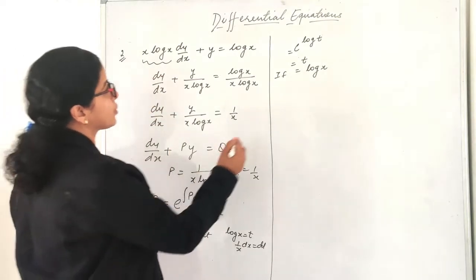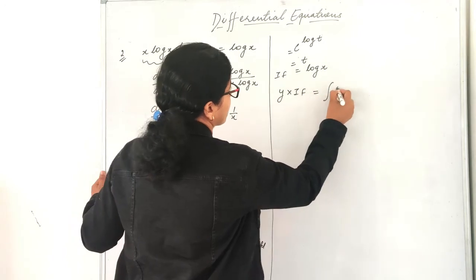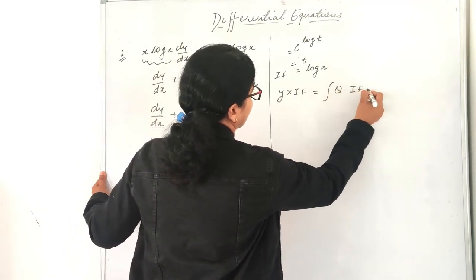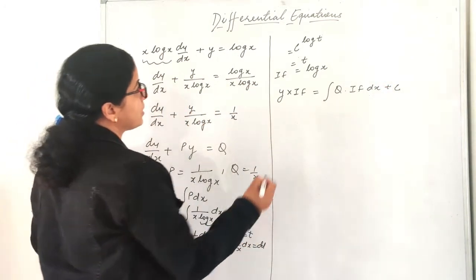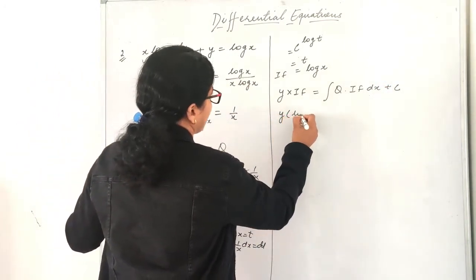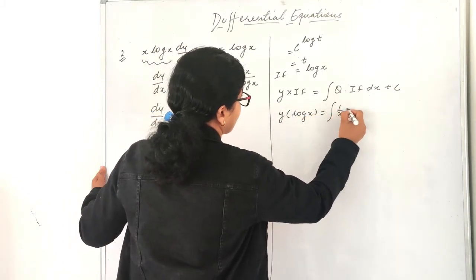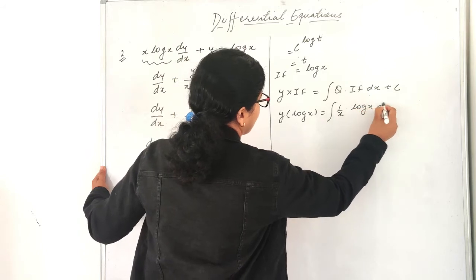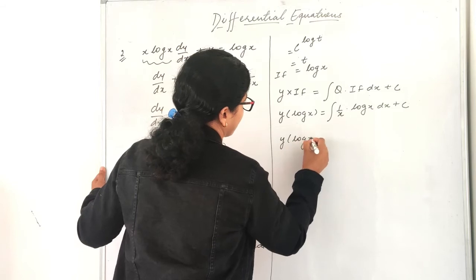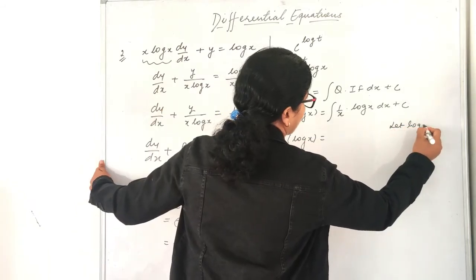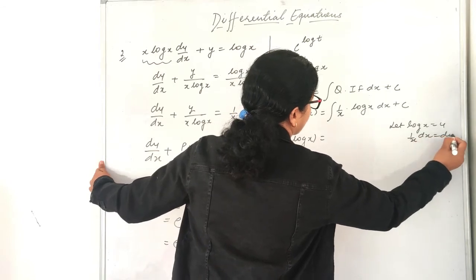Now how do we write the solution of this? y into integrating factor is equal to integration q into integrating factor dx plus c. Let us substitute it. So y into log x equals to integration 1 by x into log x dx plus c. So let log x is equal to u, 1 upon x dx is equal to du.